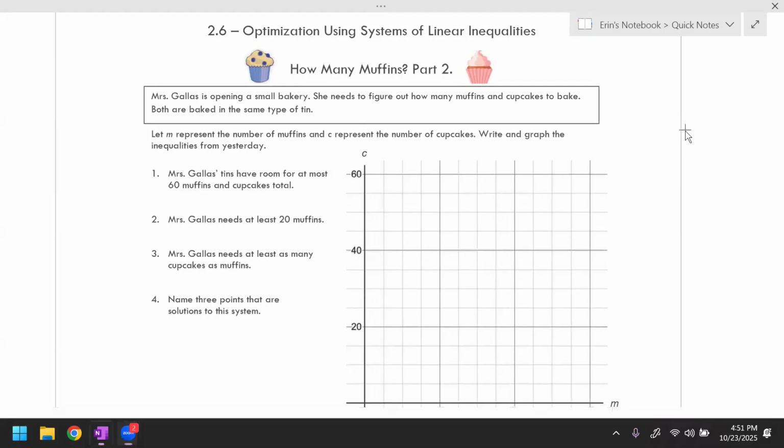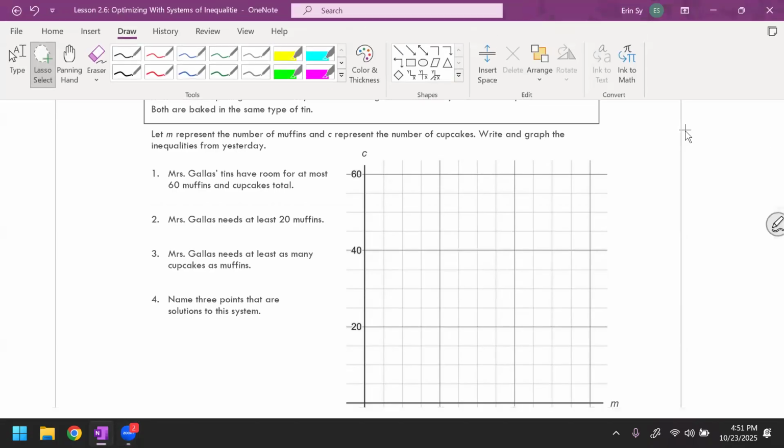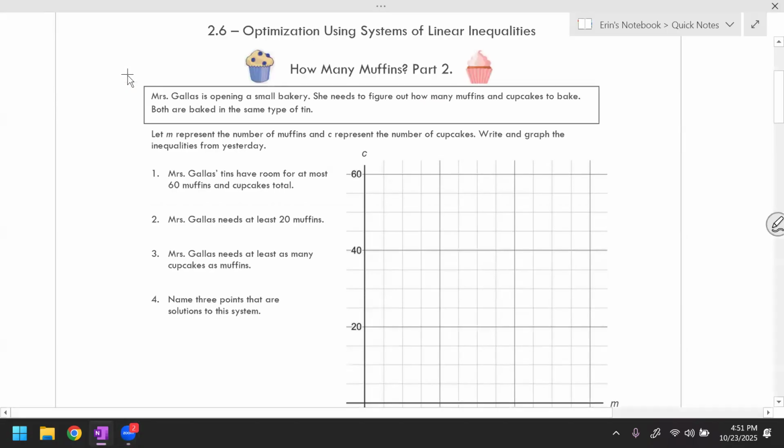We've got a bakery, and our bakery owner is selling muffins and cupcakes. And what we learned last time was that if we write an inequality to express certain rules about how many cupcakes and muffins she makes, then those graph as not just lines, but as zones on the plane. Let's see what we're talking about.